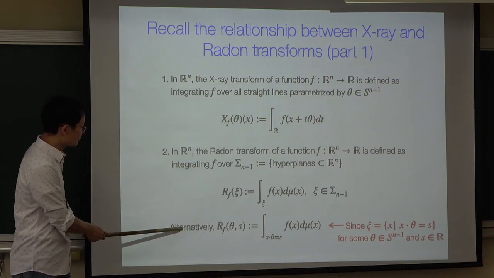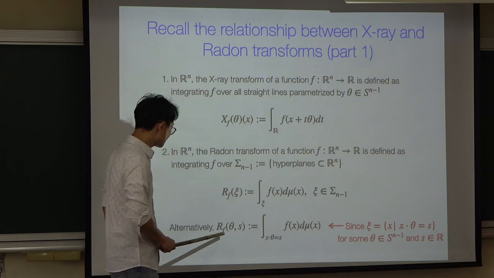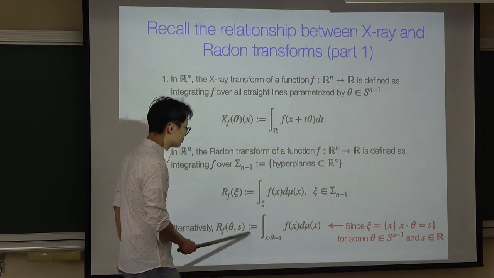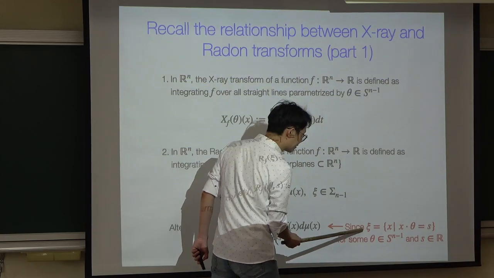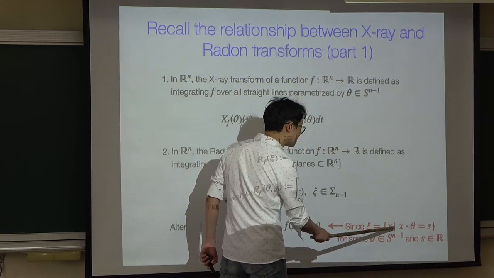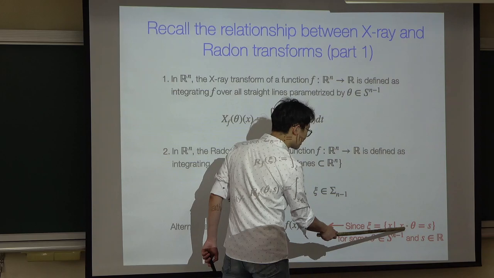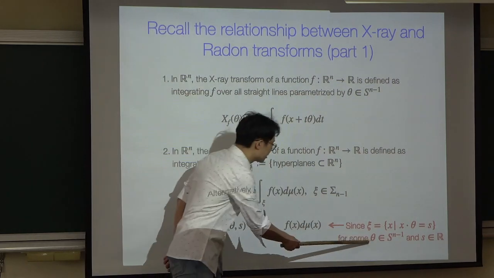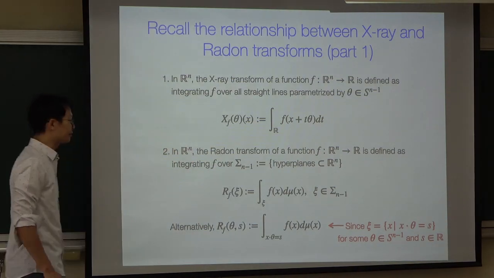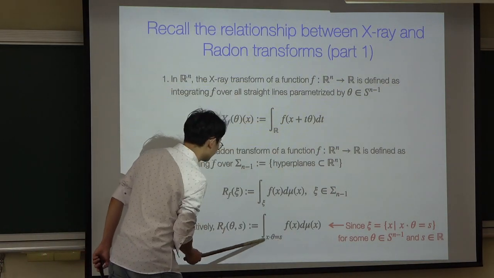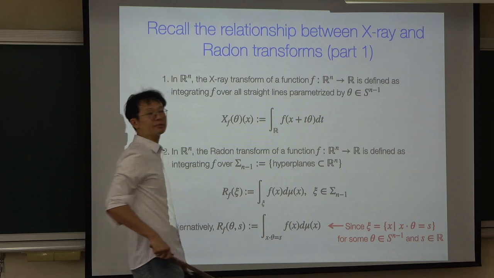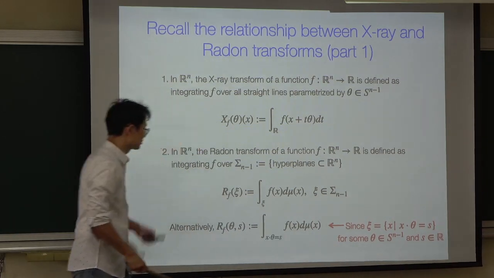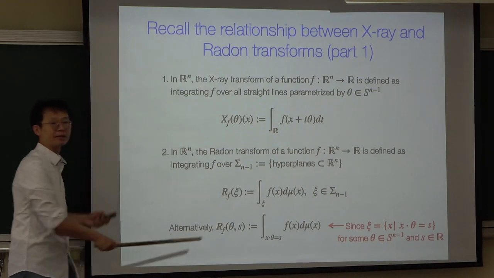And alternatively, you can write Rf(C) as Rf(theta, s), because we use the fact that C can be written as the set of all x such that the inner product of x and theta is s, for some s, and theta on a sphere. That's a very basic property, and you can write it in this way, which sometimes is easier to understand.